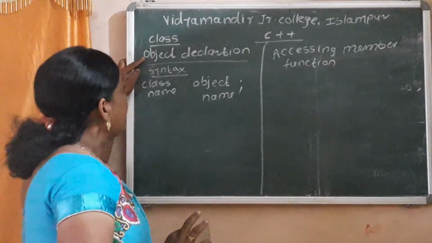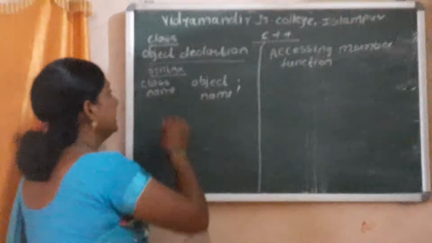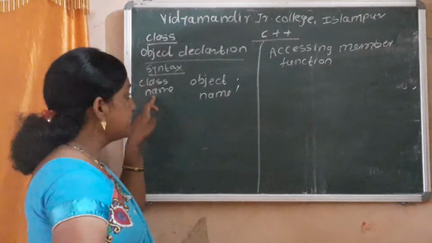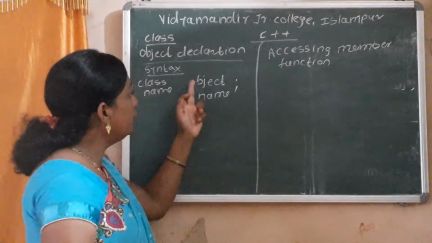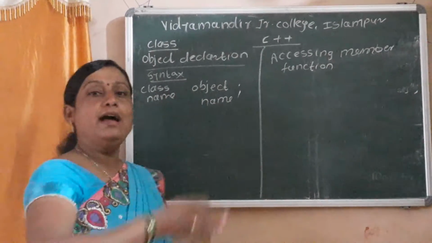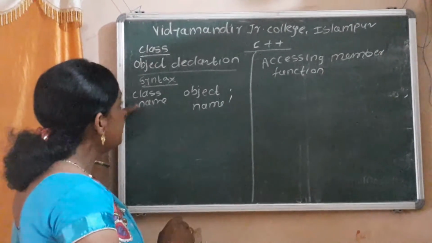Next, how can the object be declared in our program? There is a syntax. First we give the class name. Next, we give the object name. Here class name is any valid name which is declared before this syntax.